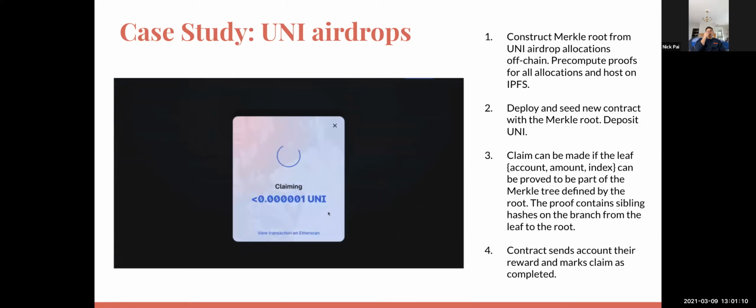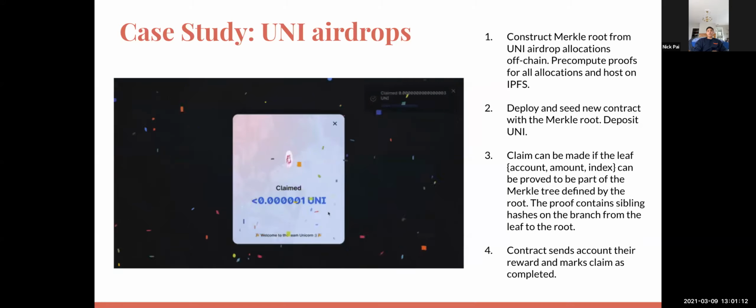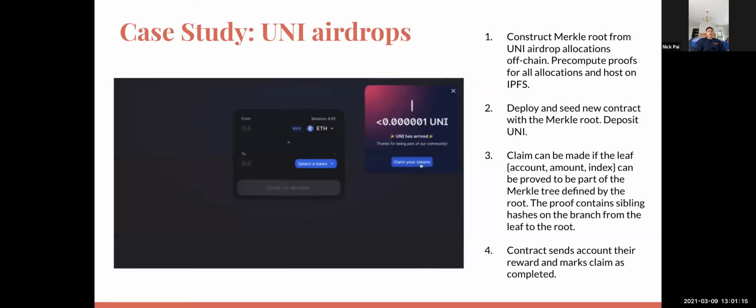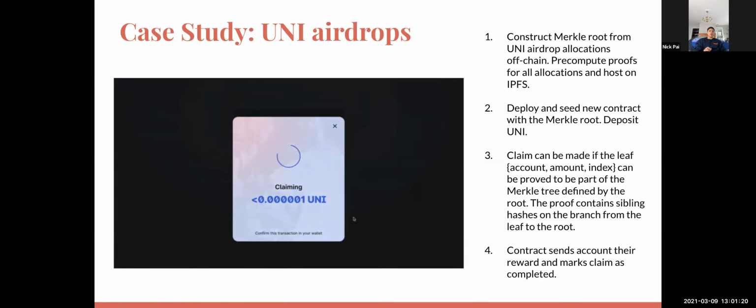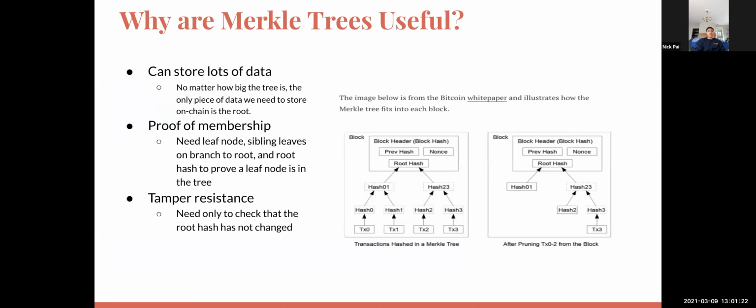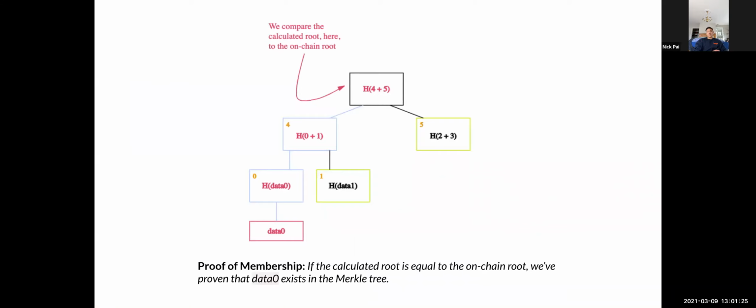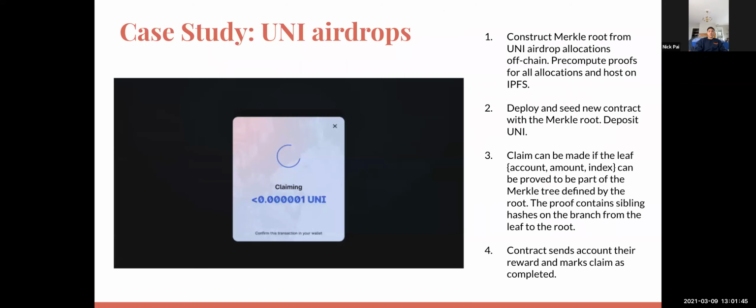And then any user could have proved that their claim is within this Merkle tree, going back to the previous proving logic here. They could have proved relatively efficiently that their specific claim lies within the Uniswap Merkle tree. This allowed Uniswap to efficiently upload all of the claims on chain, and it allowed users to relatively efficiently claim their data.